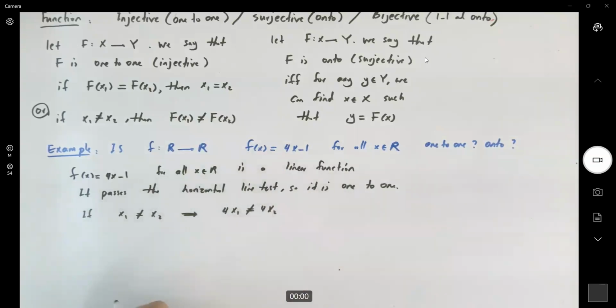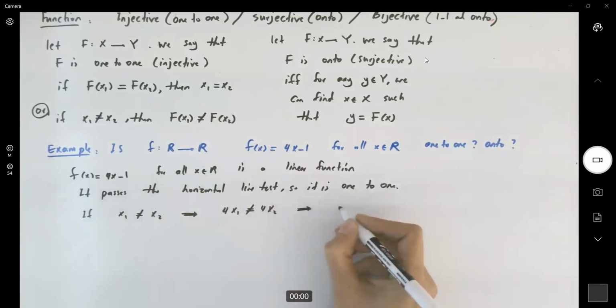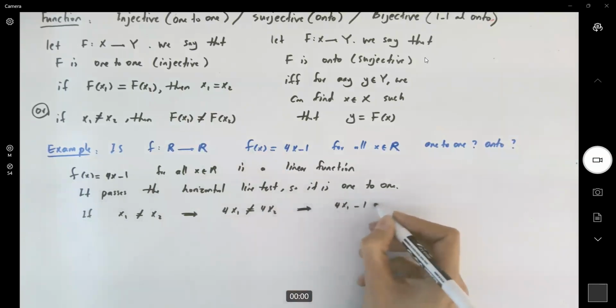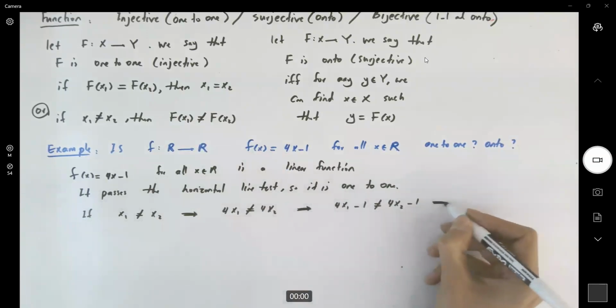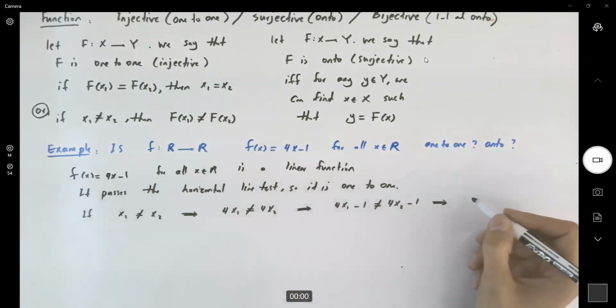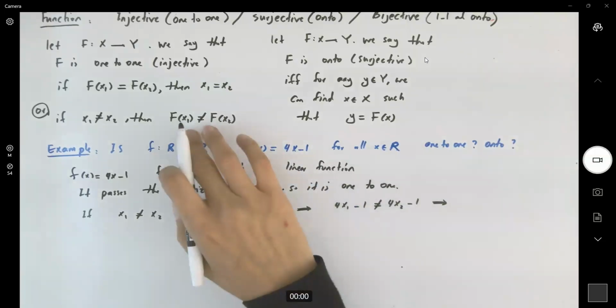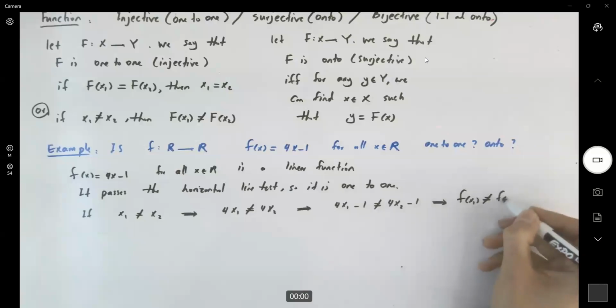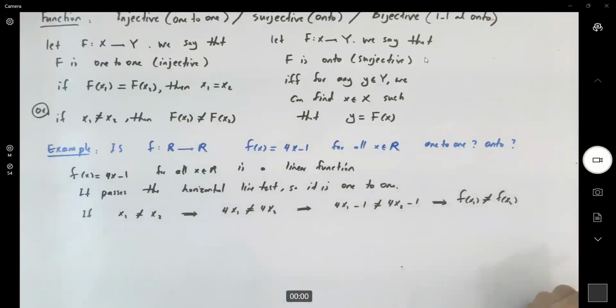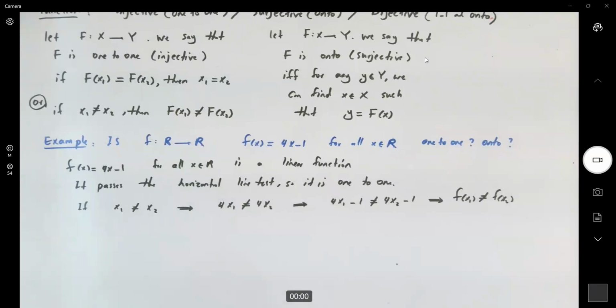If I subtract 1 from both sides, 4x1 minus 1 is different from 4x2 minus 1. So it means that f of x1 is different from f of x2. Y values are different. So it is a one-to-one function.